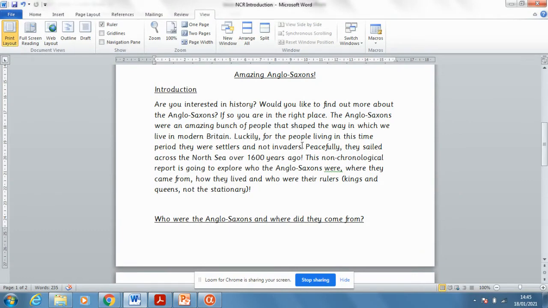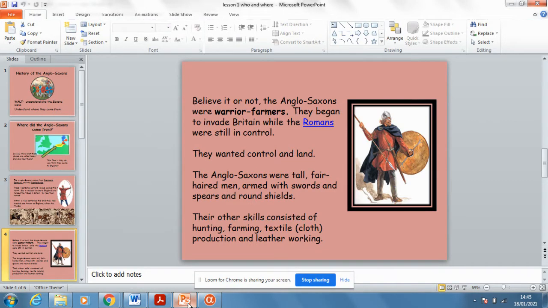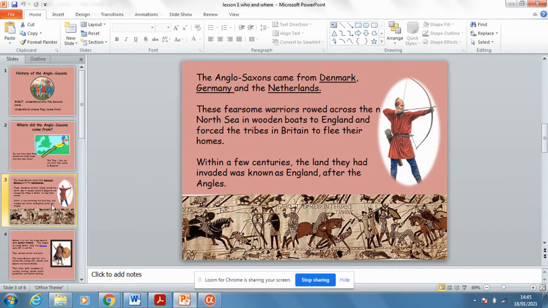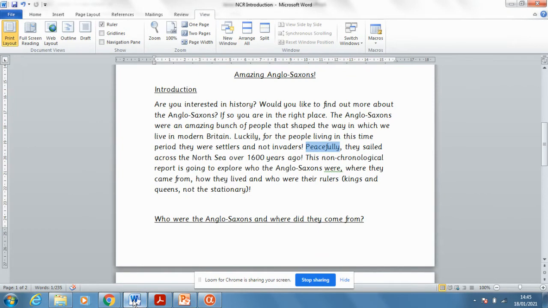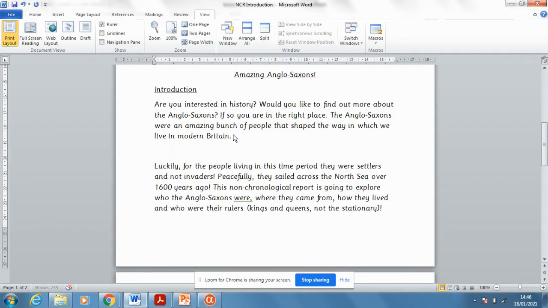I've also used the word peacefully here, but if I double check against my research, if they're warrior farmers and fearsome warriors, that makes me think they didn't row across the North Sea peacefully, and neither would my previous statement that the people living in this time had nothing to worry about. So I do believe we need to update that and edit and improve our work as we go along.